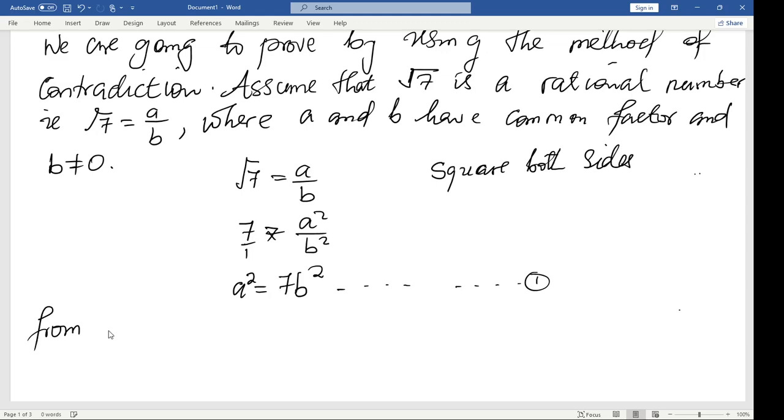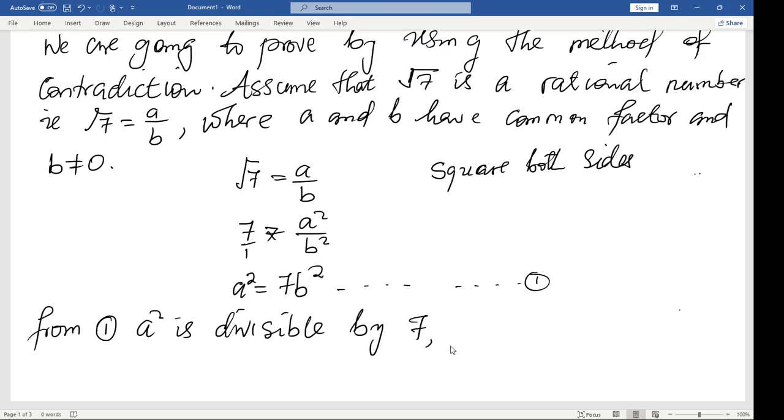So here, from equation 1, a squared is divisible by 7. So if a squared is divisible by 7, then a has a factor 7.